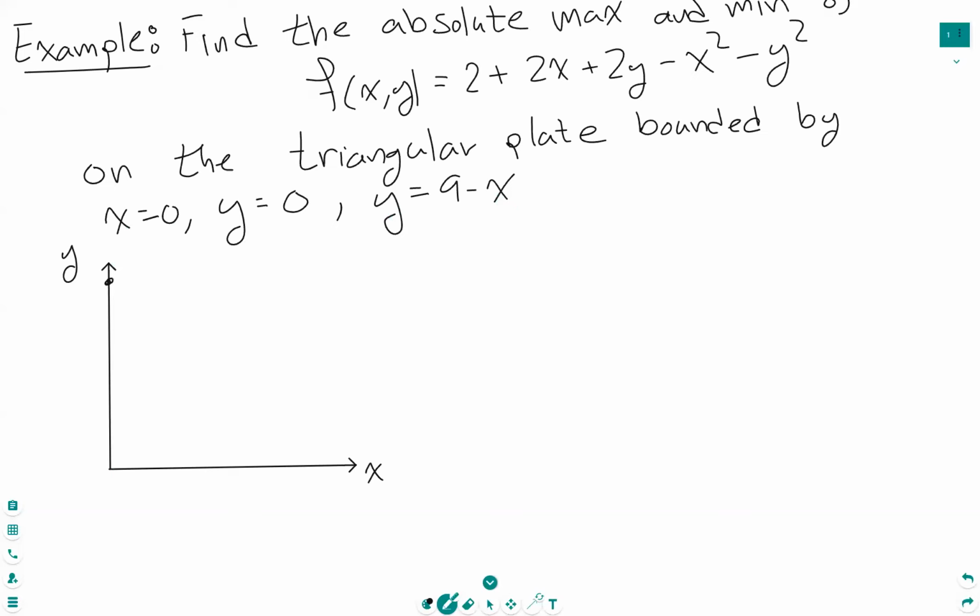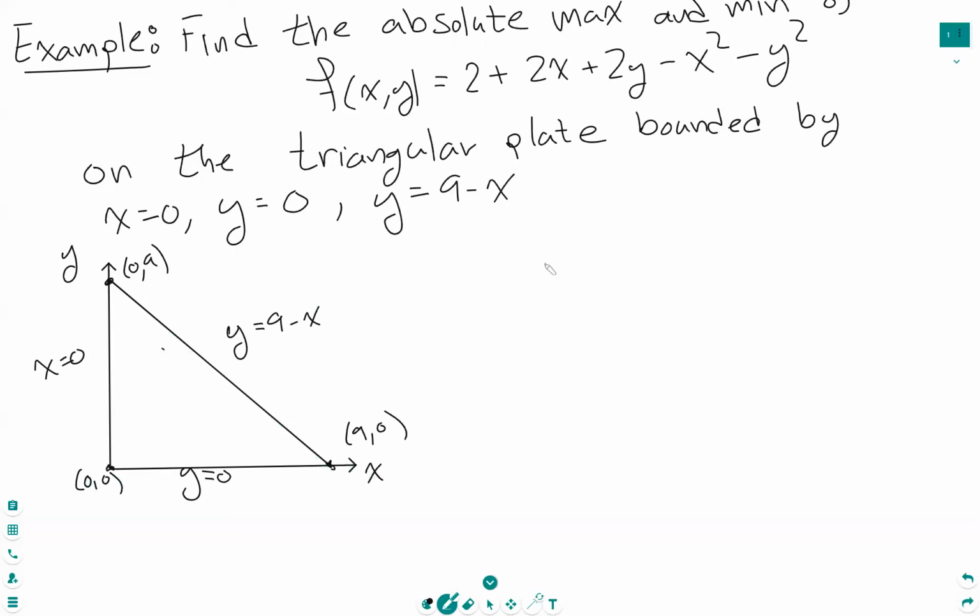So it starts maybe at a point up here, that's 0, 9, and it ends up down here somewhere at a point 9, 0. And now we can do a straight line between these two. And then we also have the origin included here. So these 3 points make up our triangle. And we're considering everything in here, including the boundary.